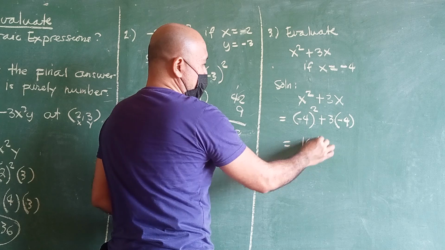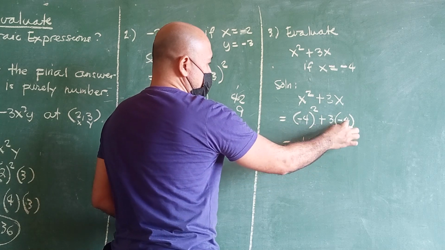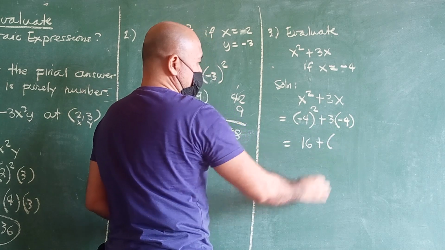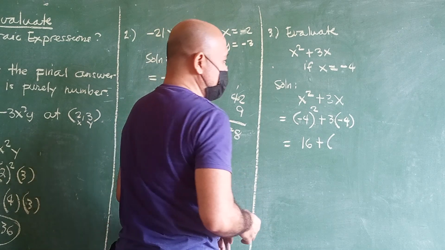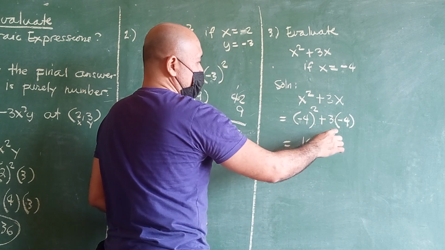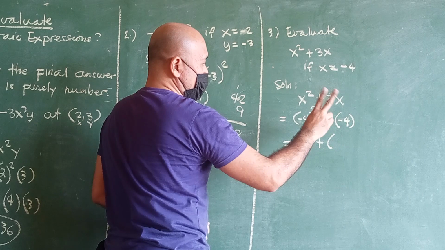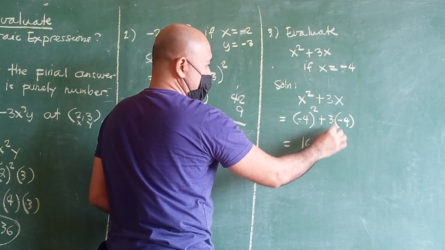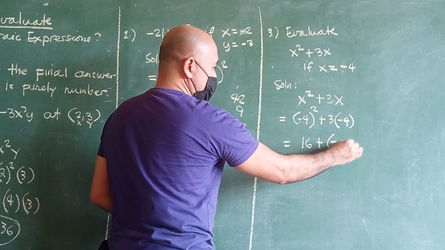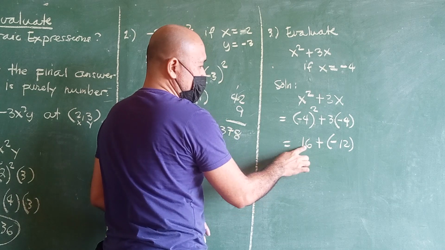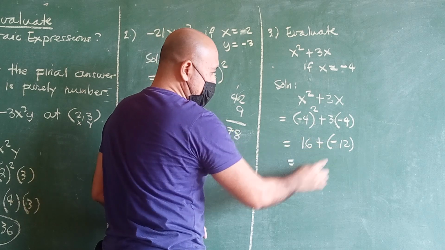16. And then plus 3 times negative 4. If you could still remember our previous discussion, when we multiply two unlike signs, the result is always negative, and then 3 times 4, that is 12. So it is now the addition of unlike signs.